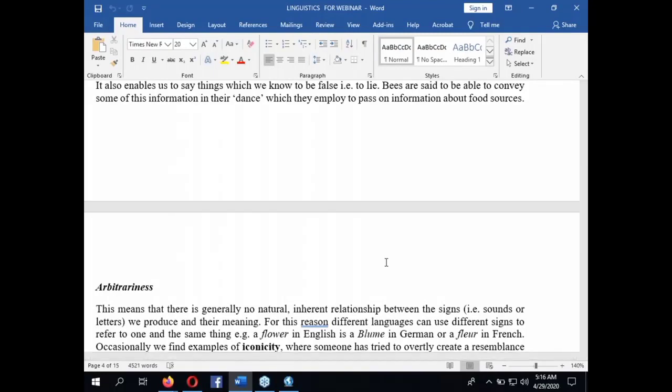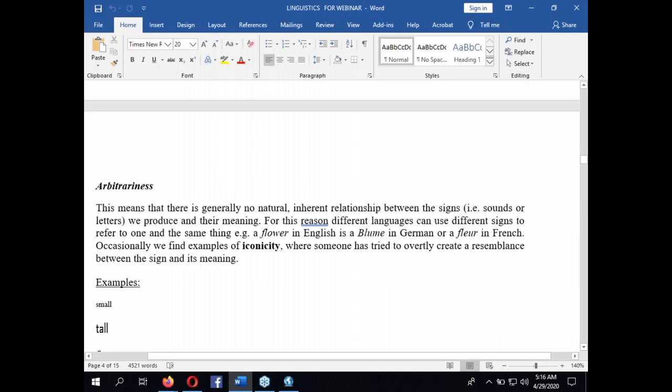Now, let's talk about arbitrariness. Now, this means that there's generally no natural inherent relationship between the sounds or letters that we produce and their meaning. I'll give you an example. Different languages use different signs to refer to one and the same thing.